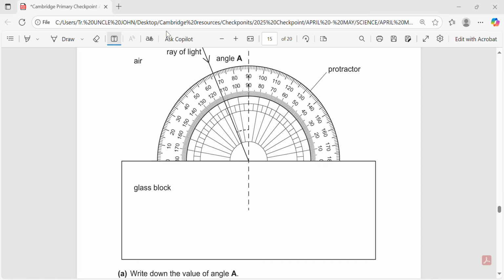I want to show you the way you can draw it.